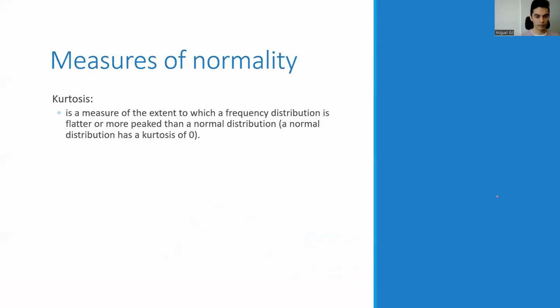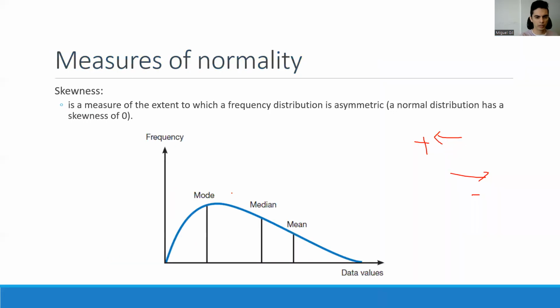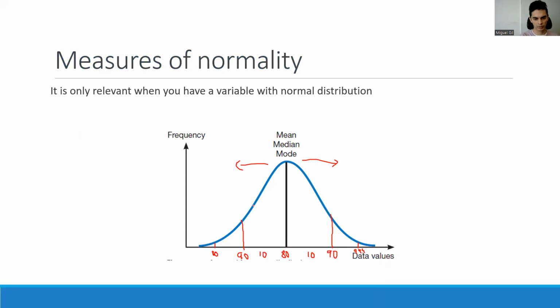The other thing that we can show about normality is something we call kurtosis. Kurtosis is not about whether you move to the left or to the right, but whether it moves up or down. If you have something very flat, then very high, and then low again, this doesn't look like a normal distribution, because a normal distribution has a less extreme slope, right?